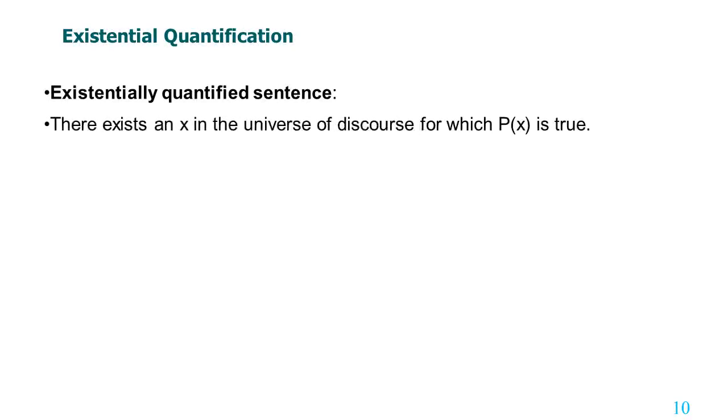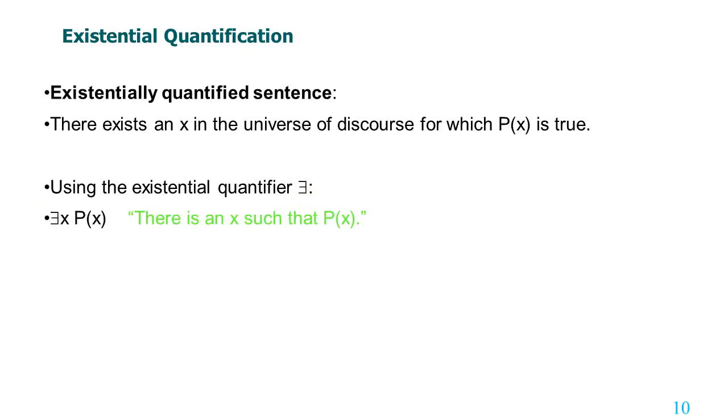Existential quantifications. There exists an x in the universe of discourse for which P(x) is true. This is the symbol of the existential quantifier.